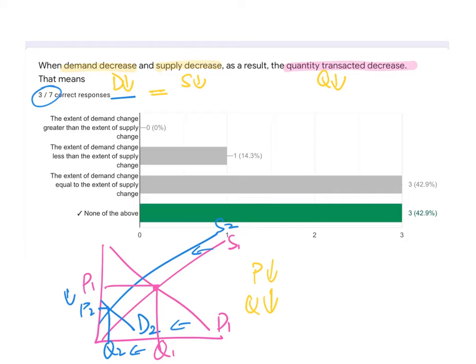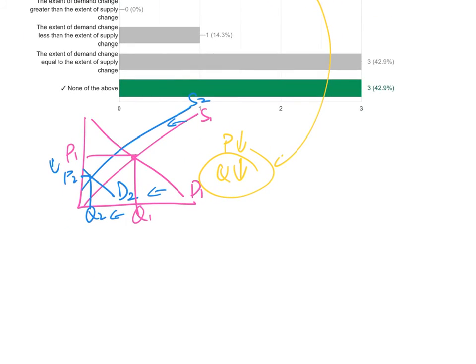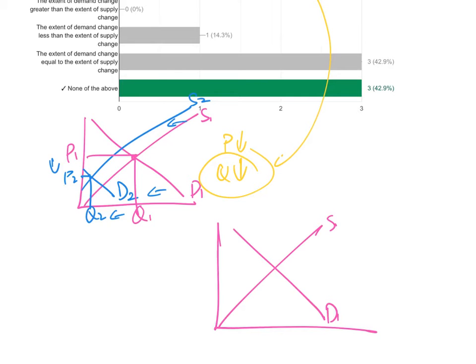Let's check whether it fits with the result in the question. Okay, both of them are the same. So to be safe, we draw another diagram with a different extent. Okay, so I try another one, D1, S1, but this time I make a smaller gap for the demand, D2, but a bigger gap for the supply.